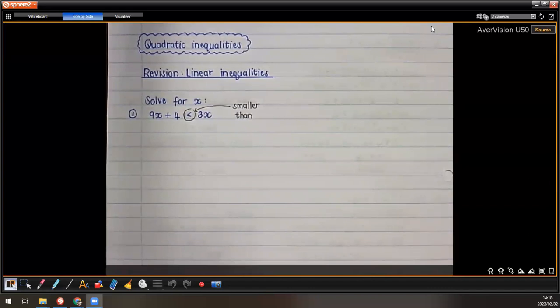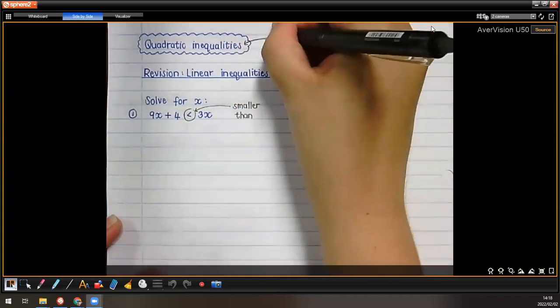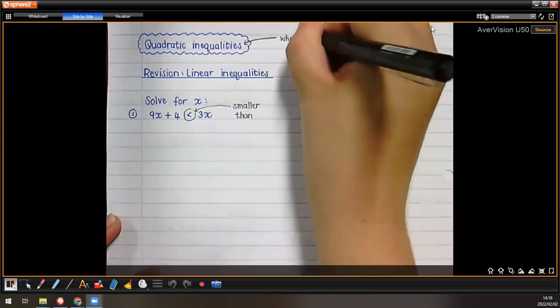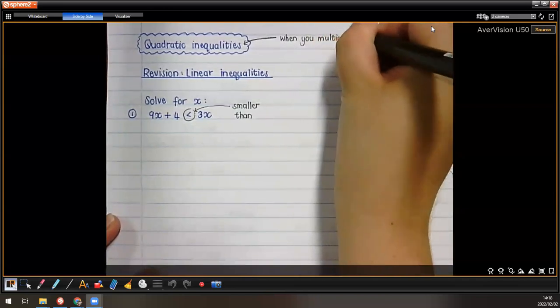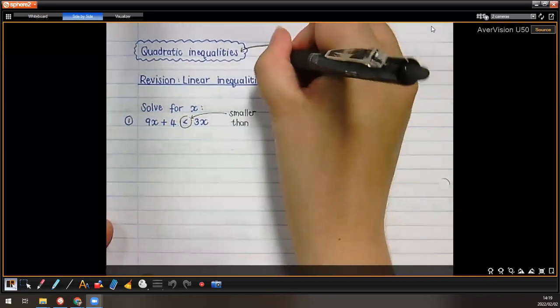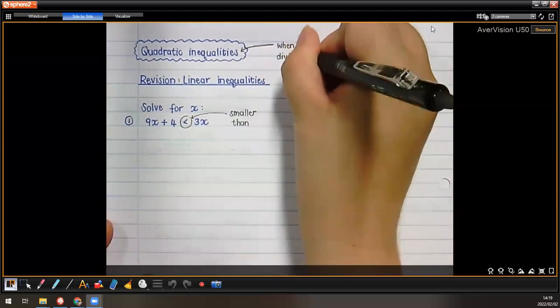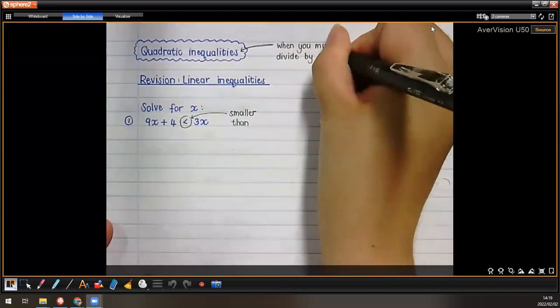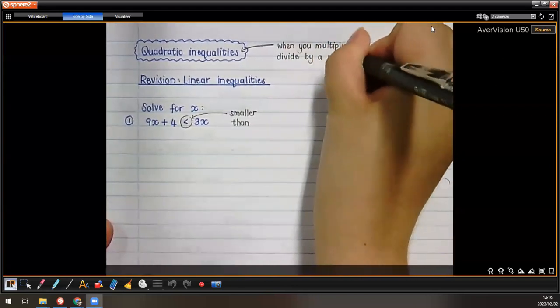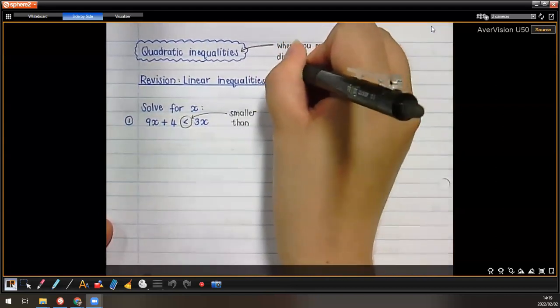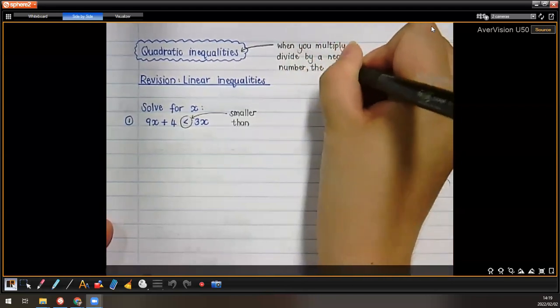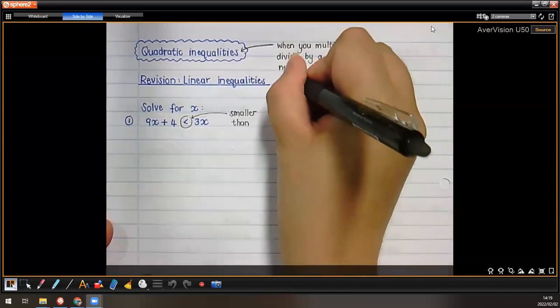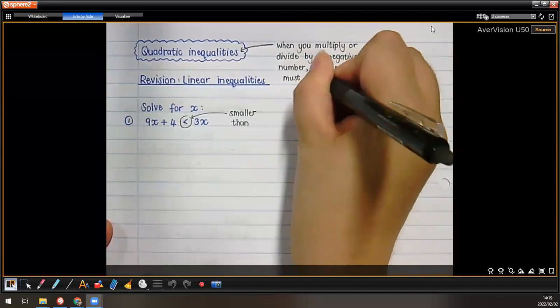Let's make a note: when you multiply or divide by a negative number, the symbol must change direction.